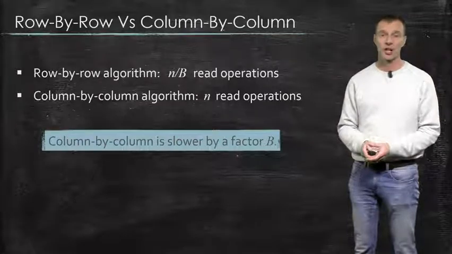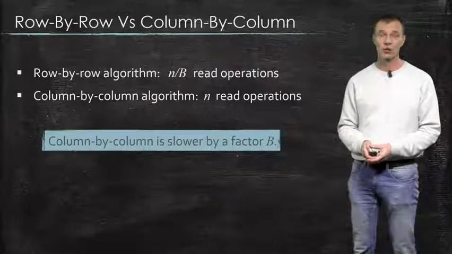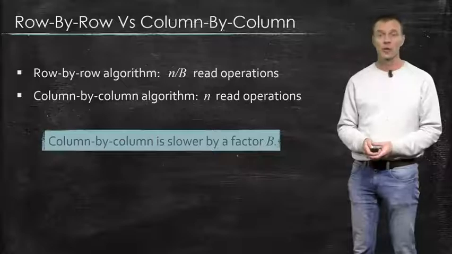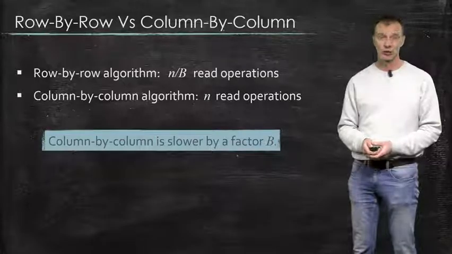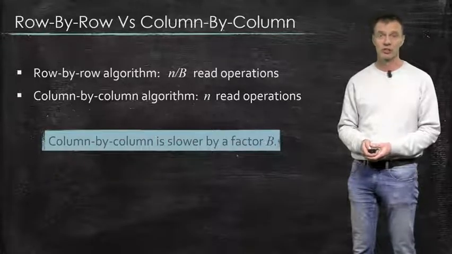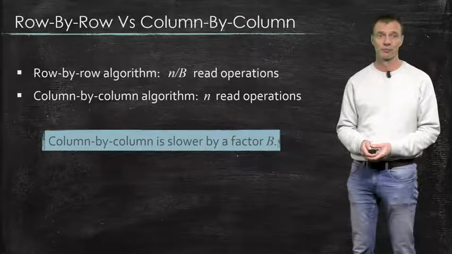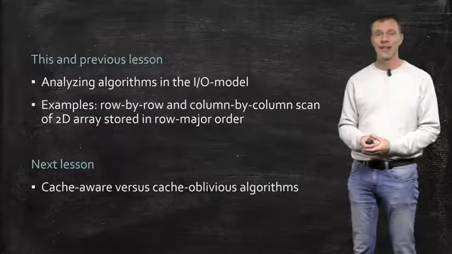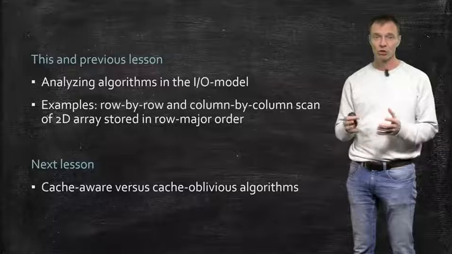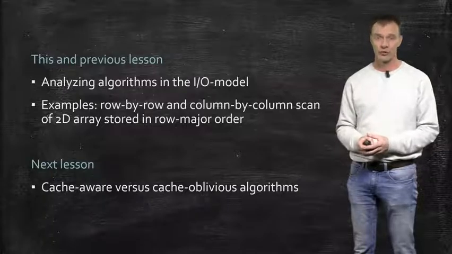So we now understand why it's extremely important to take the I/O behavior into account when you're dealing with data that does not fit into the main memory. What we'll do next time is look at two types of algorithms.